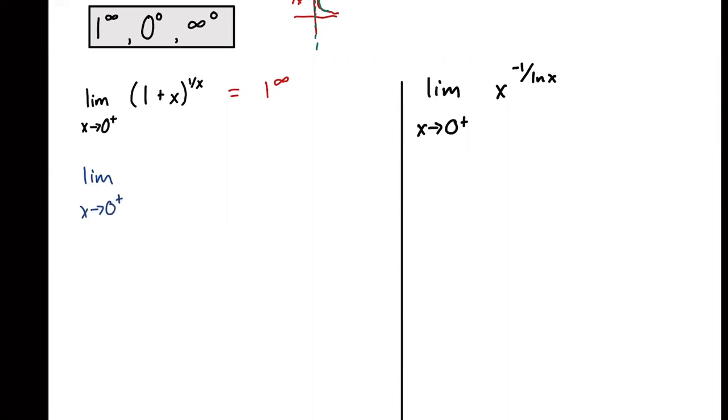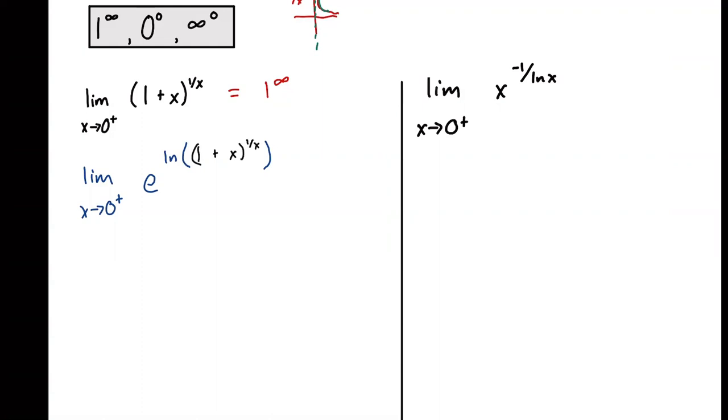So I'm going to look at the limit of an exponential function, where the exponential function I'm going to cancel out with a natural logarithmic function. And then inside that natural logarithmic function, I'll have my original problem. So let me color code this. 1 plus x to the 1 over x. So let's go ahead and just look.